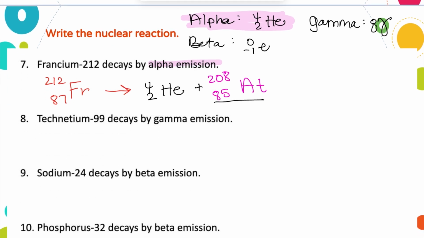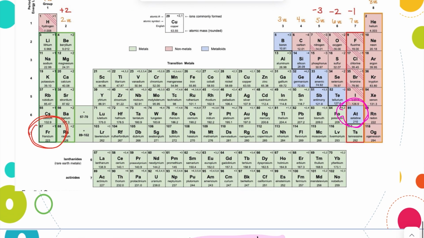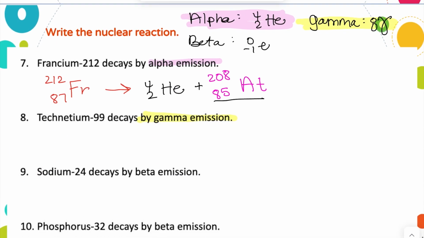All right, technetium 99 decays by gamma emission. So with that gamma emission, we are going to have something that is high energy, releasing that energy to become more stable. Looking at my periodic table, trying to find that element, there's my Tc, number 43 is what we're looking at.